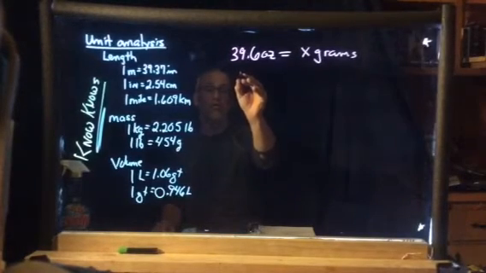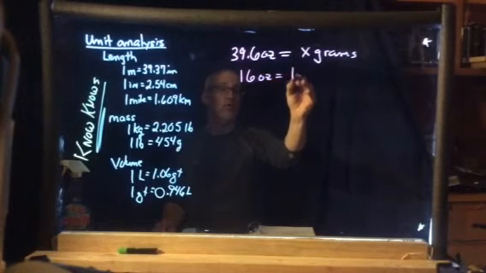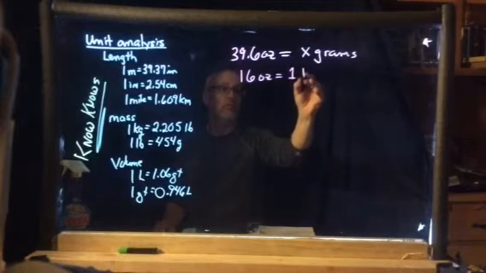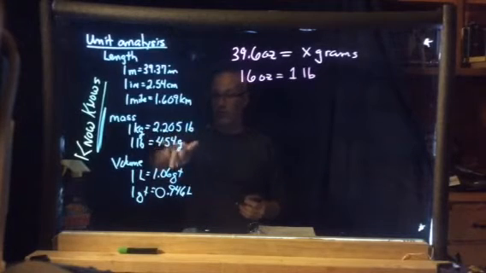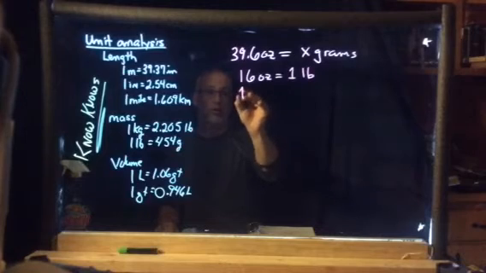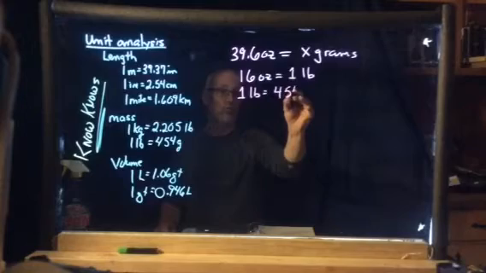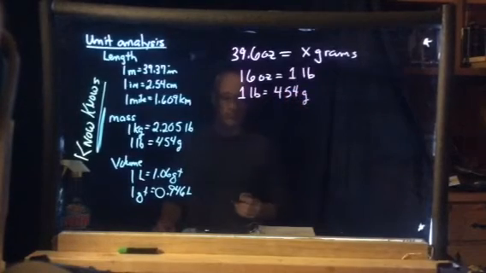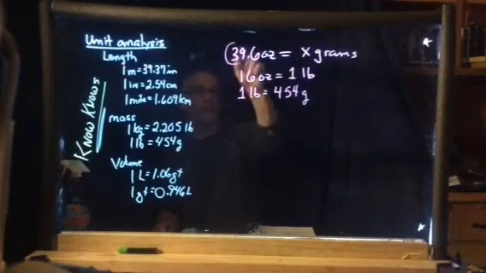But hopefully you know that there are 16 ounces in 1 pound. And now we have a pound and a grams. Woohoo! 1 pound is 454 grams. So now we're ready to rock and roll.